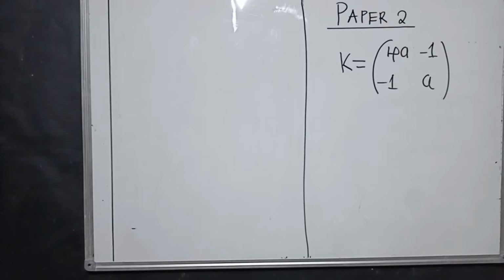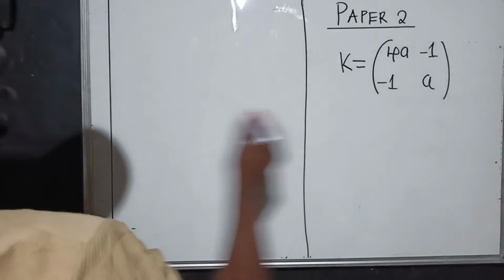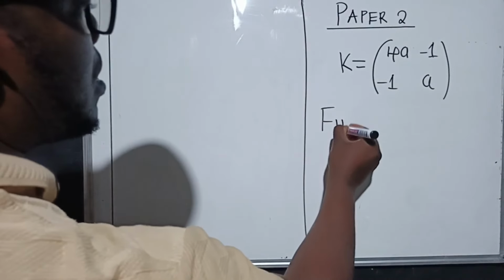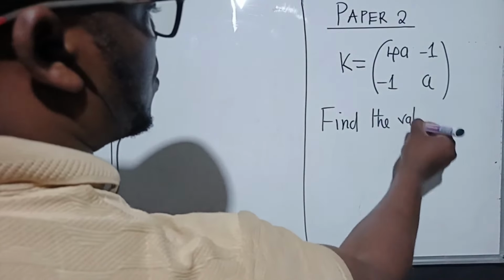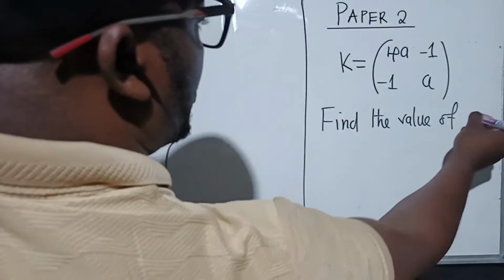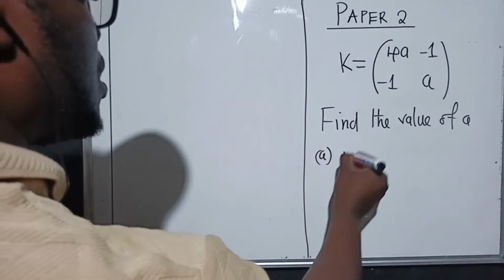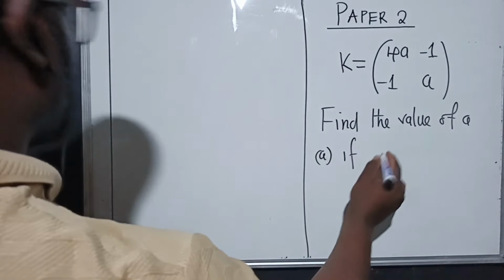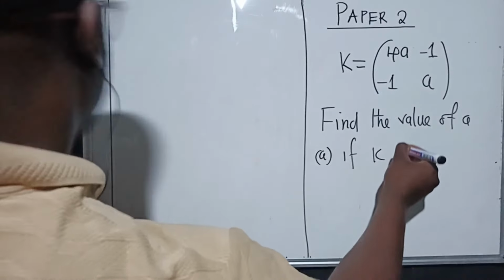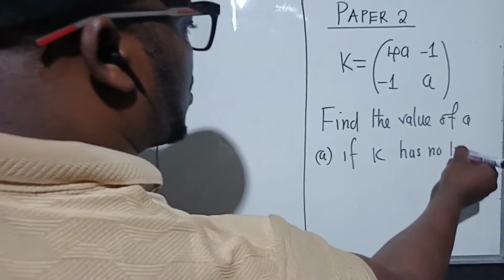And for the first question, they are saying, find the value of A if K has no inverse.